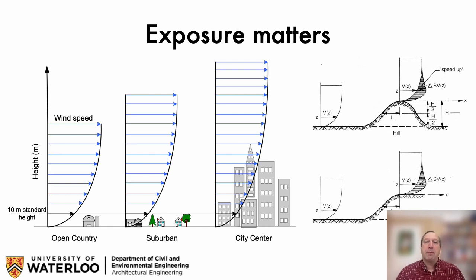And so what that means is that the wind speed at 3 meters or 10 feet above grade is slower than it is at 30 meters or 100 feet above grade. And that increase in speed directly impacts the amount of water that will be driven against a building facade. So understanding the distribution of wind speed as you climb upward from near grade to the top of the building matters.